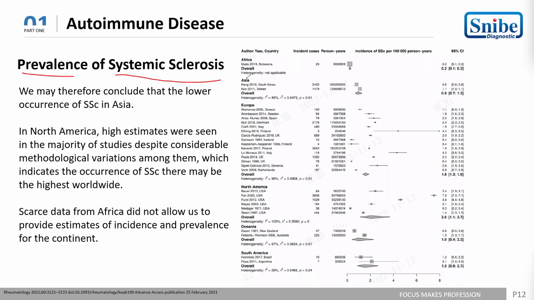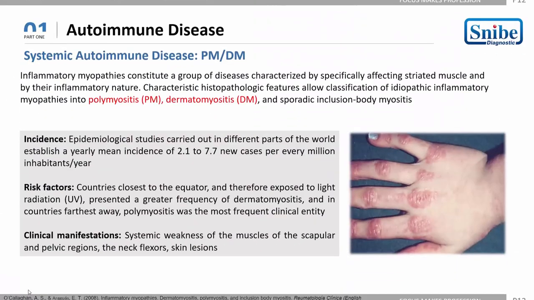The data from Africa did not allow us to provide an estimate of incidence and prevalence. The overall European and North American data showed that the prevalence of systemic sclerosis is higher in North America as compared to other countries. So this is all about the prevalence of systemic sclerosis.